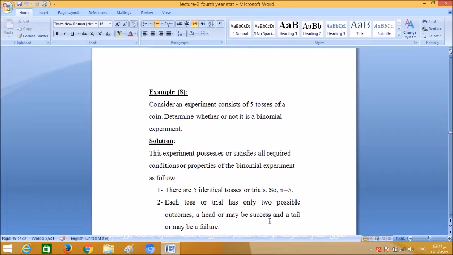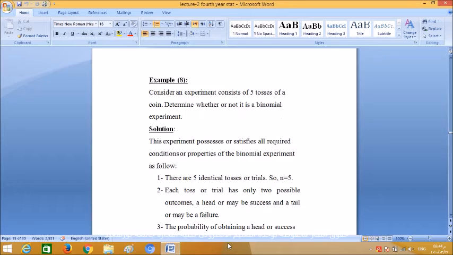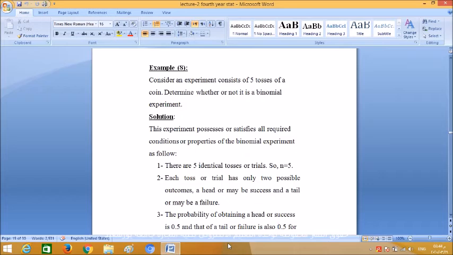So we label success and failure according to the probability under question. The probability of obtaining a head, or success. So here, getting a head is the probability that we ask about, so we call it success. The probability of head is 1/2, and that of tail, or failure, is also 1/2.